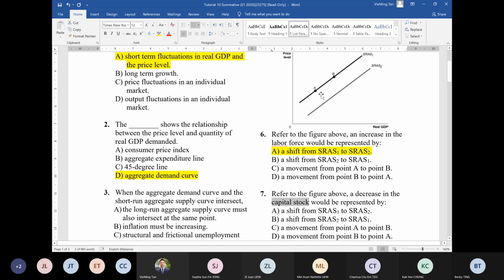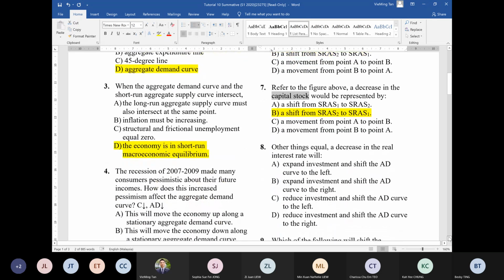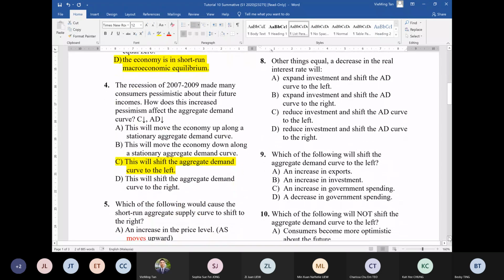So the best answer actually is B. B is the best answer, because the capital available in the economy is already reducing. Yeah, so the best answer is B. Brazil. Okay, number 8.